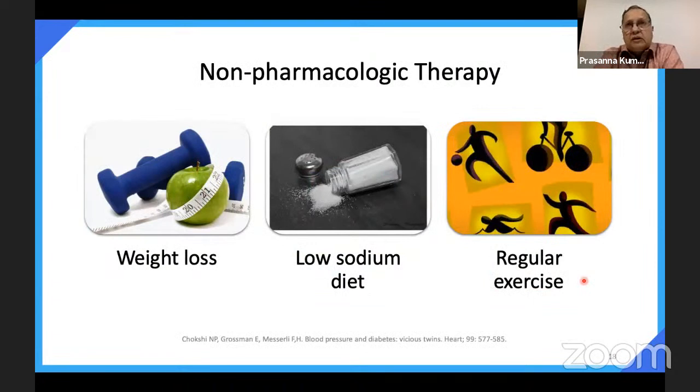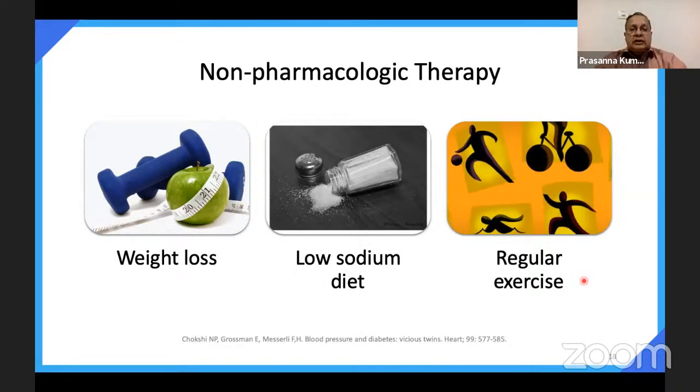Now, non-pharmacological: when they see on 2 or 3 occasions, over a period of time, that the systolic blood pressure is above 140 and diastolic more than 90, then you start non-pharmacological therapy. If they are overweight, ask them to lose weight and try to achieve ideal body weight. Most important, ask them to take a low sodium diet.